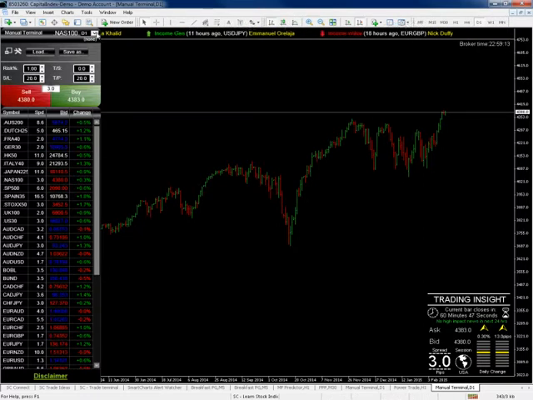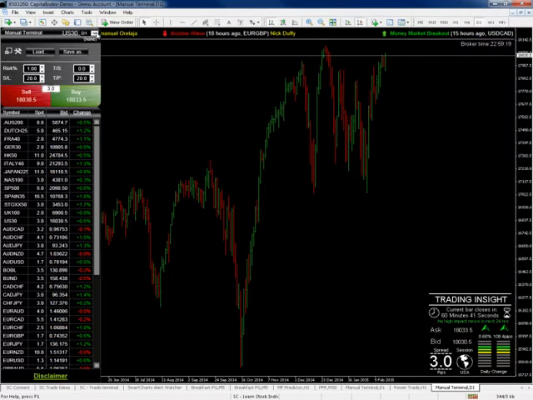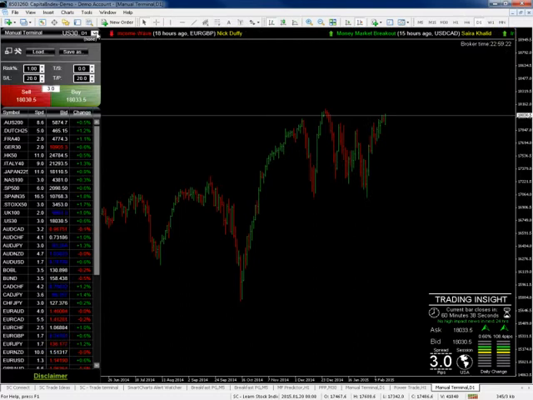I'm actually bullish on the US market still. We have the Dow Jones reaching the top. It's not quite making a historical high just yet, like the S&P. But it had a very bullish day today.